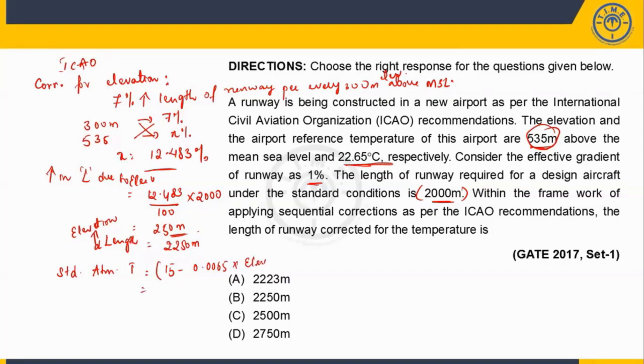This is your formula, very important. 15 minus 0.0065 into elevation. 535 meter is the elevation. So the standard temperature we will be getting is 11.5225 degrees centigrade.